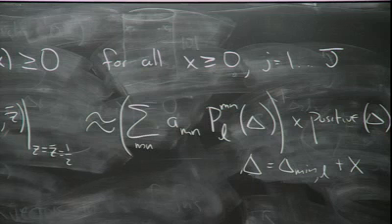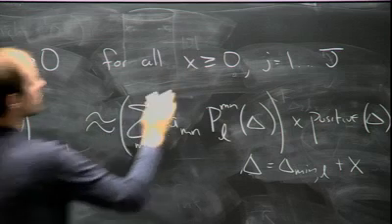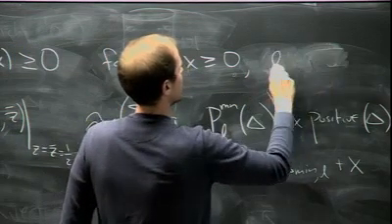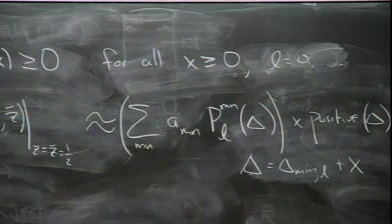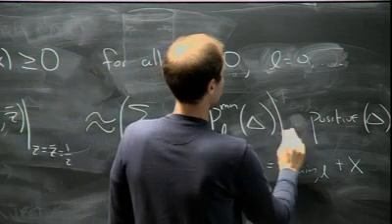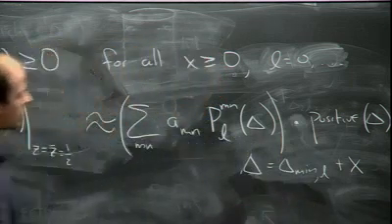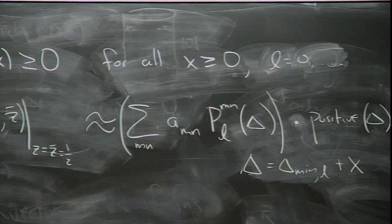So here J corresponds to L. So maybe I should just write it as L. Okay, so there's a single variable polynomial for each L.